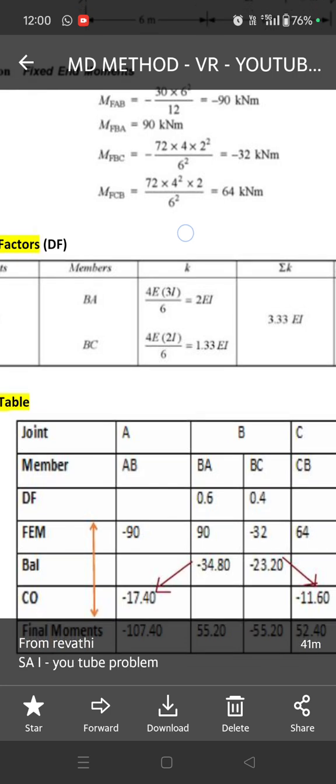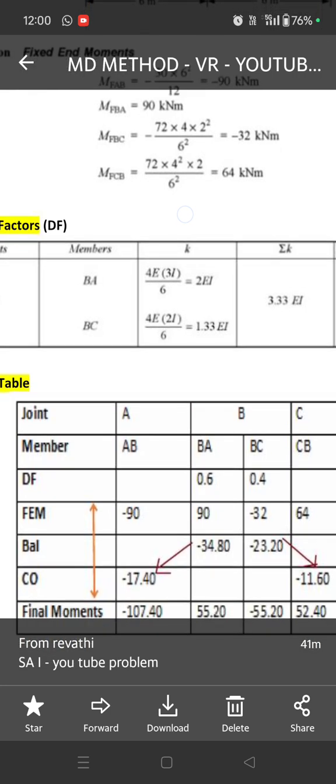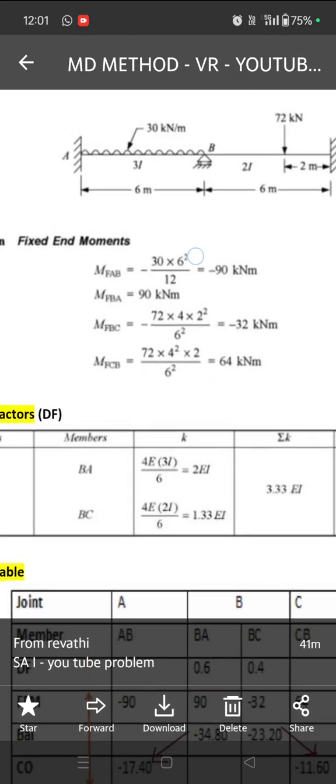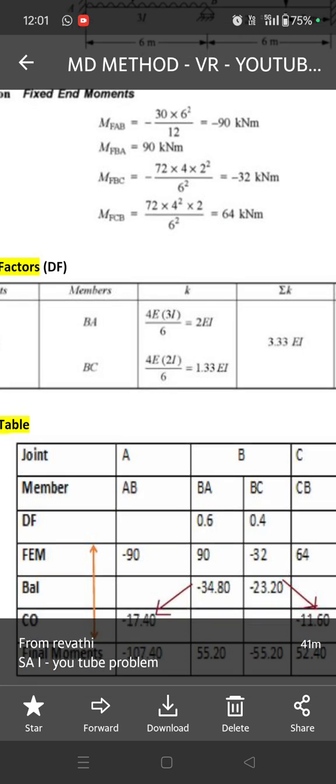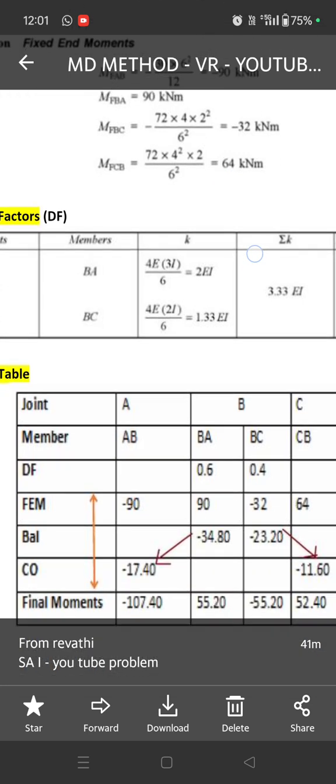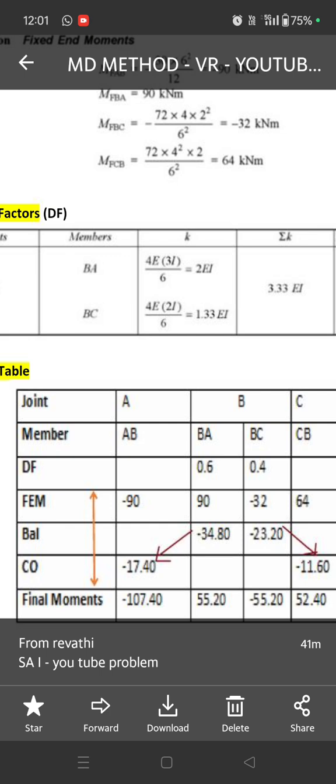Therefore, the formula here is 4EI by L. Its corresponding length and moment of inertia are used and calculated. The value is 2EI. Next, in the span BC, the far end is the C support, which is a fixed support. The formula is 4EI by L, and substituting the values, we have calculated 1.33EI.